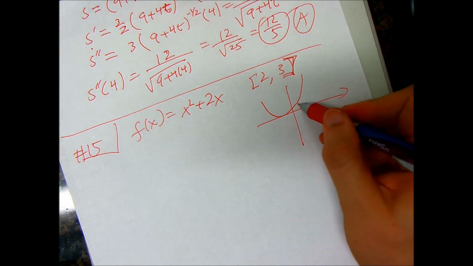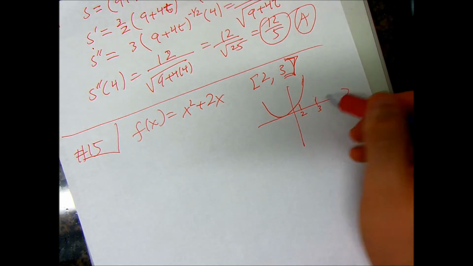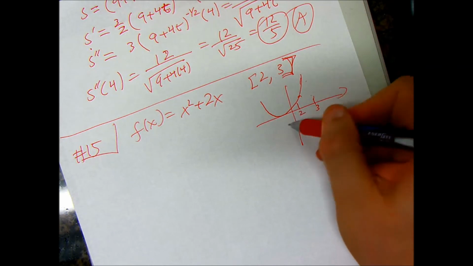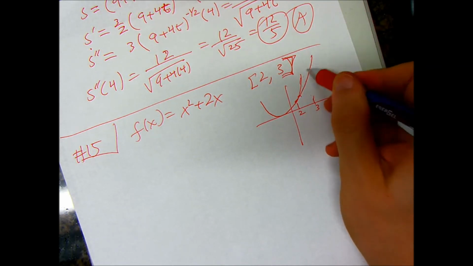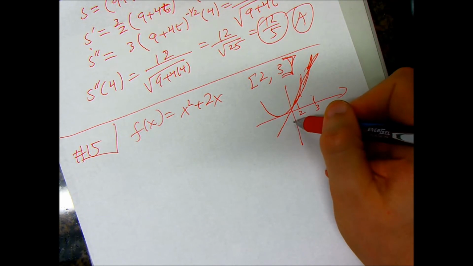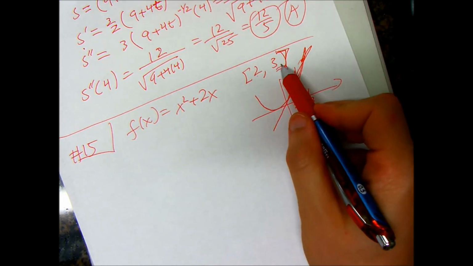And I want to know what is the average rate of change between these two x values, right? So instantaneous is always right at a point. That's why I talk about the tangent line. But average is over an interval. So let me draw it like that instead. So I want to know what is the line going through both of those x values, which is called the secant line.